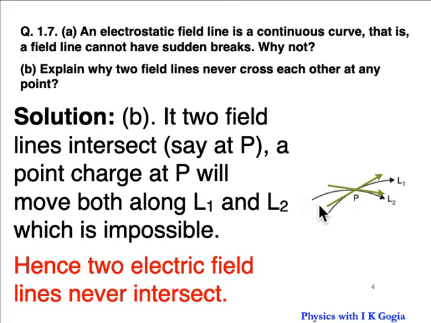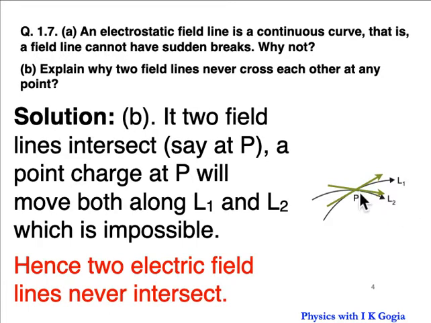The definition of electric field lines says that the tangent to the field line at any point gives the direction of the electric field at that point. So if we assume that two electric field lines L1 and L2 intersect at a point P, at P we can draw two tangents, a tangent to the first line L1 and a tangent to the second line L2.